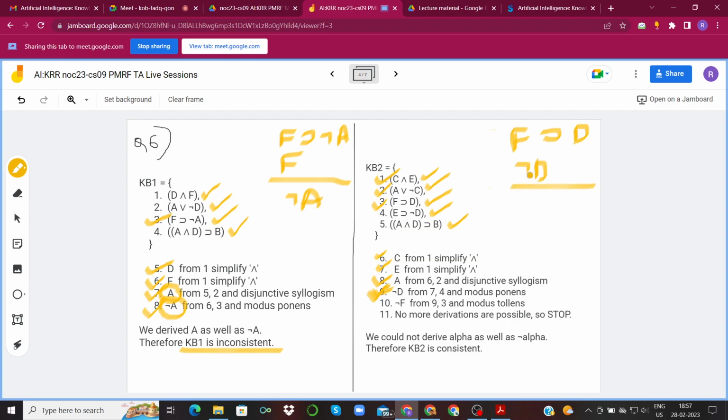So using modus tollens this time, we can derive a not F, which is exactly what is given over here. And now there is nothing else to derive, right? We have derived everything that could be derived, and we saw that there are no contradictions, right? Therefore, this knowledge base will be consistent.